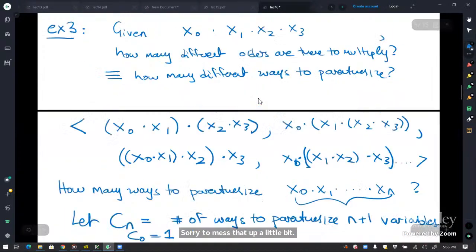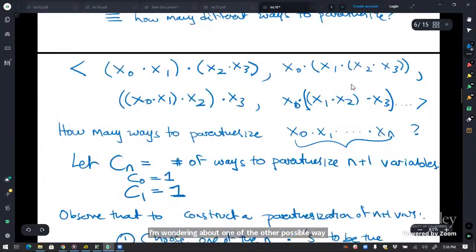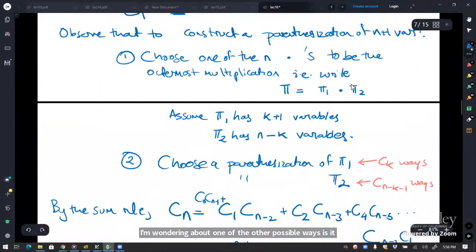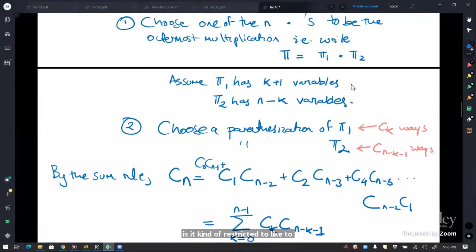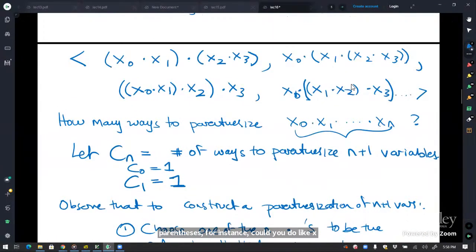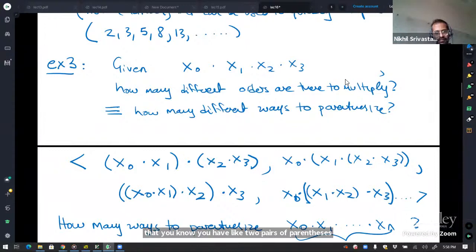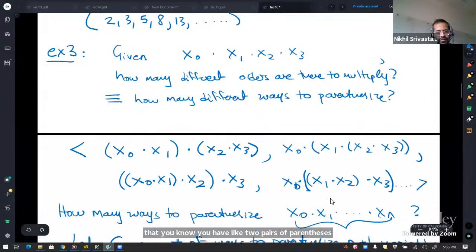Yeah, I have a question. I'm wondering about one of the other possible ways. Is it kind of restricted to two or more kinds of parentheses? For instance, could you put parentheses on x0 on the outside and then another set of parentheses around x1, x2, x3? So you have two pairs of parentheses. Is that valid or no?